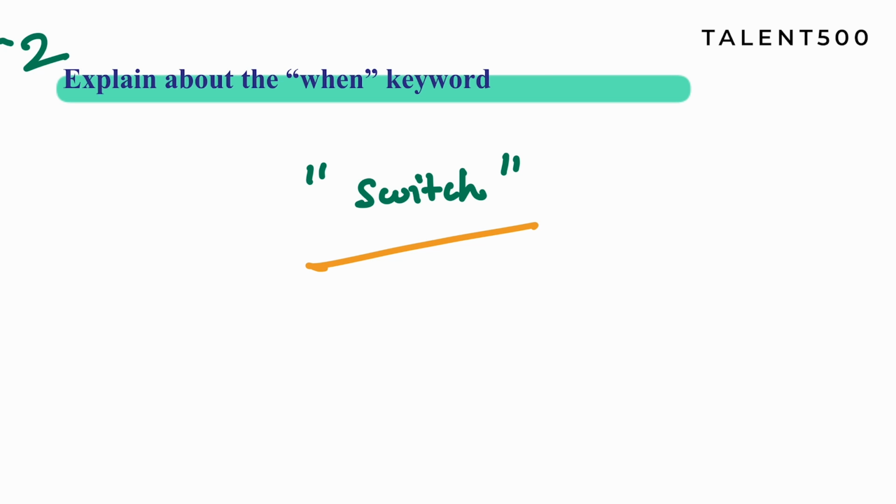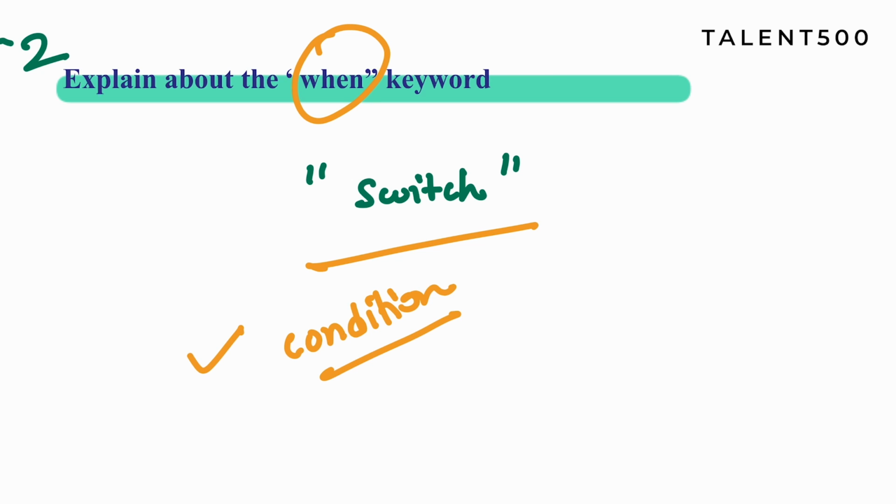When a certain condition is met, then a specific block of code must be run, and that is where the when keyword in Kotlin comes into the picture. Inside the when expression, it compares all of the branches one by one until a match is discovered, and after finding the first match, it proceeds to the conclusion of the when block and executes the code immediately following it.